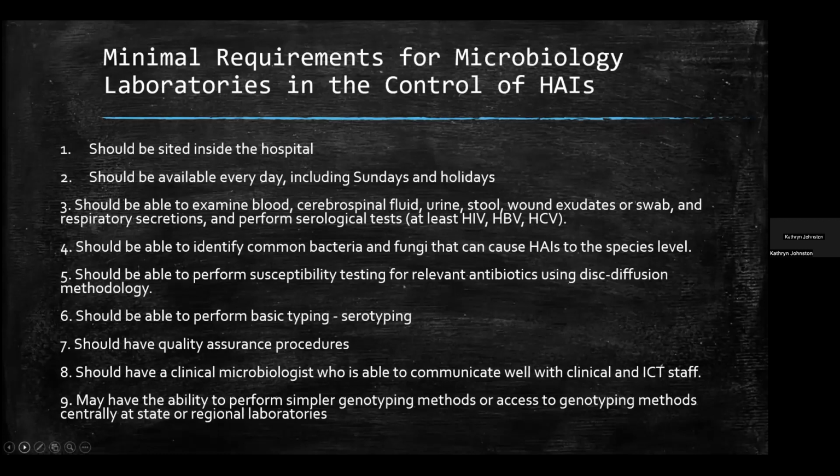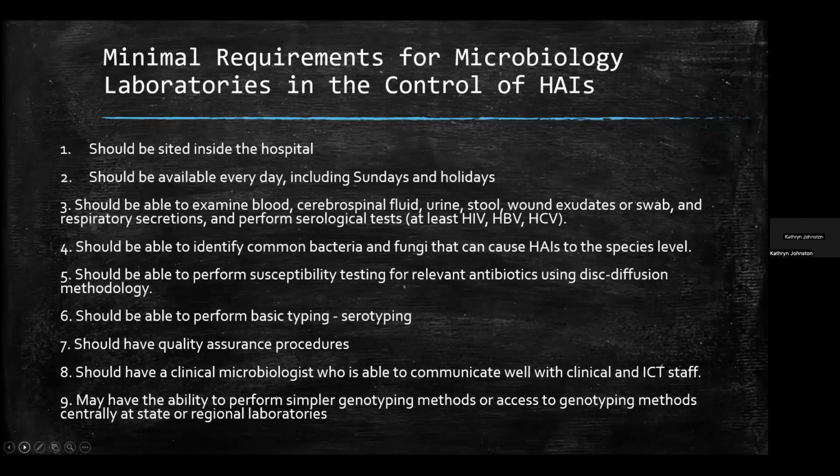So organisms such as Staph aureus, E. coli, Salmonella, Shigella, Pseudomonas aeruginosa, Klebsiella, Group A strep, Group B strep, Campylobacter jejuni, your Enterobacterales, your Neisseria meningitidis, besides other common microorganisms that cause severe community-acquired infections, such as your Streptococcus pneumoniae, your Neisseria gonorrhoeae, and your Corynebacterium diphtheriae.